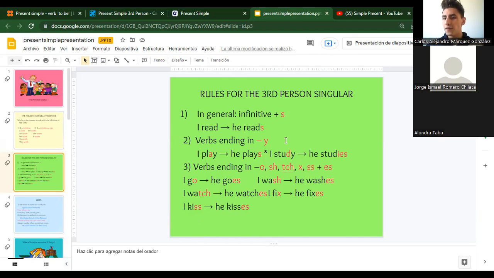Okay, I don't know if you understood this part because it's kind of complicated, I know. Did you understand this part, guys? Don't you have any questions about this part?